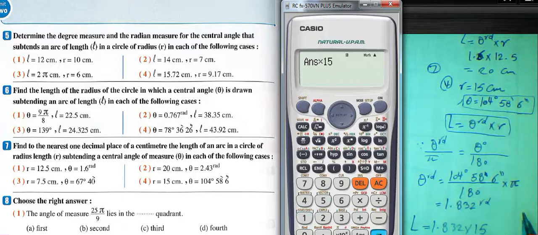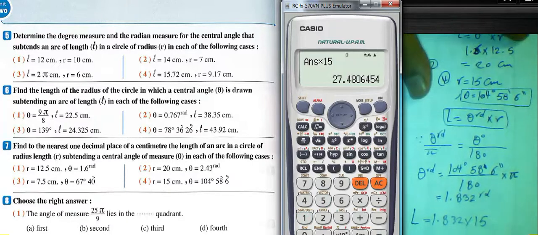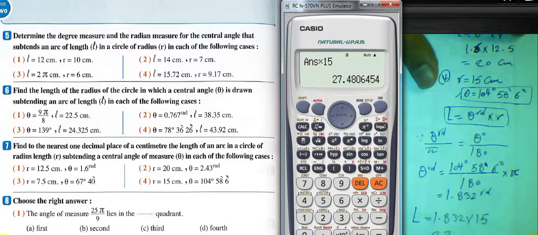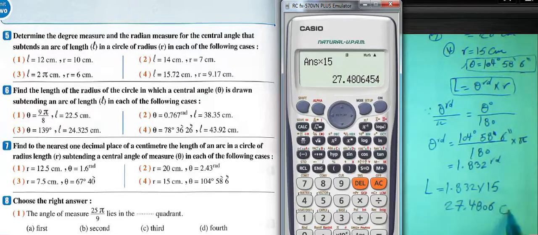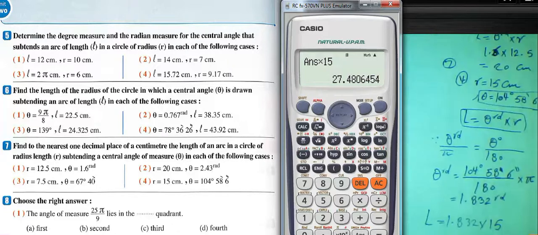The result will be 27.48606 centimeters.